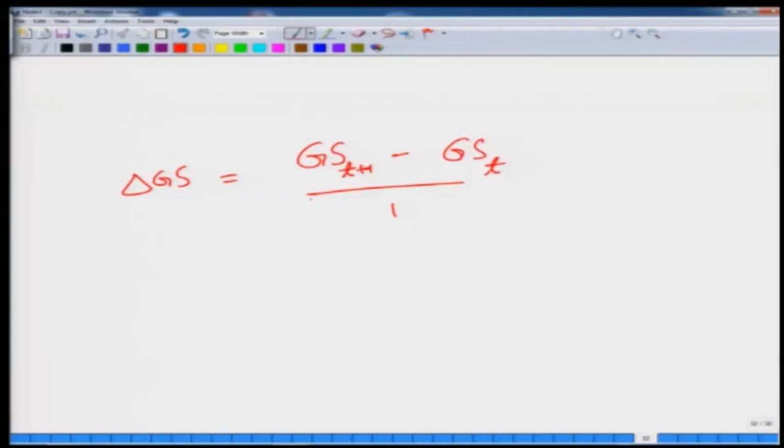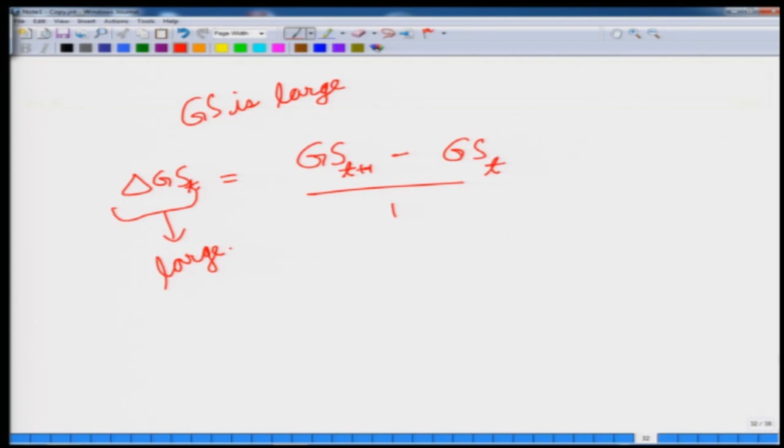Any increase is something that we will be able to harvest if we want to do this harvest in a sustainable manner. So, we would want to manage it in such a manner that GS is large and the delta GS per unit time, let us say at time t, is also large.